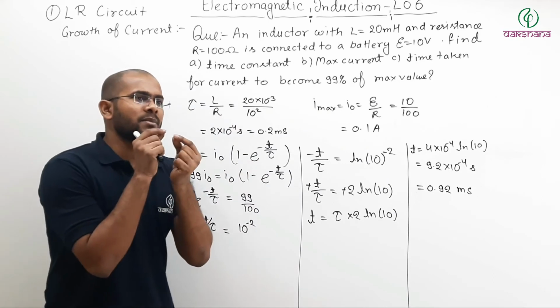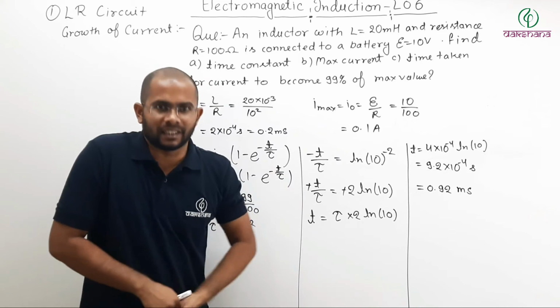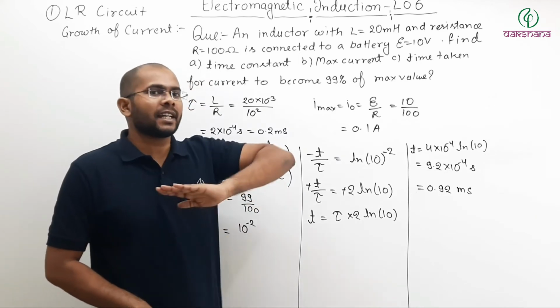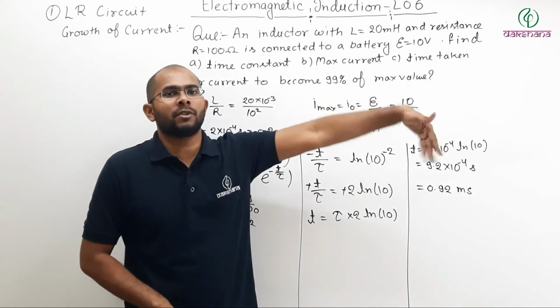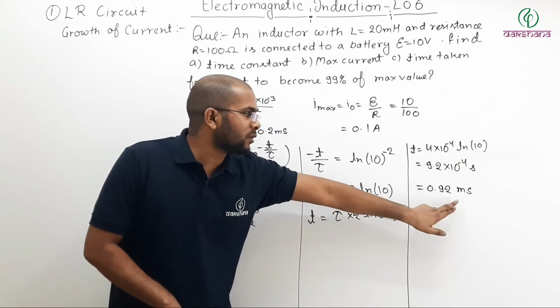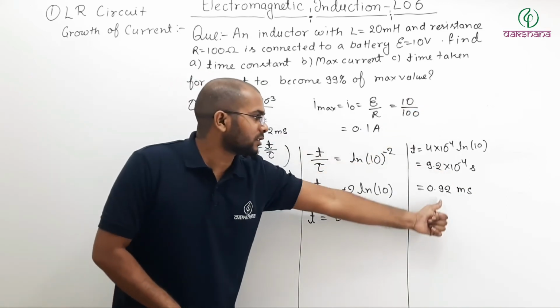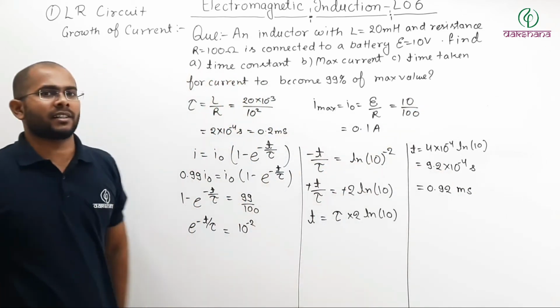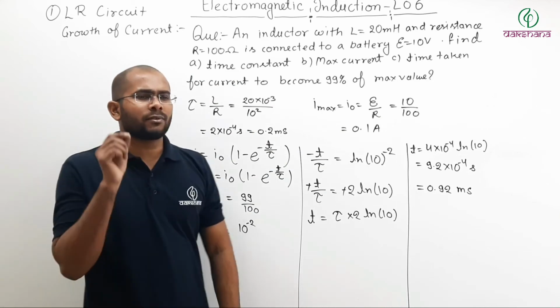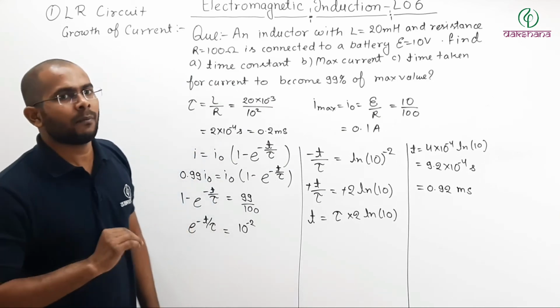So current becomes maximum in a very short period of time practically. Theoretically it takes infinite time, but 99% is reached in only this very short 10 to the power minus 4. So approximately 1 millisecond. So practically it takes very small time for current to reach the maximum value.